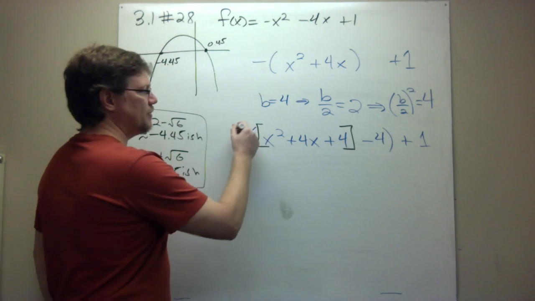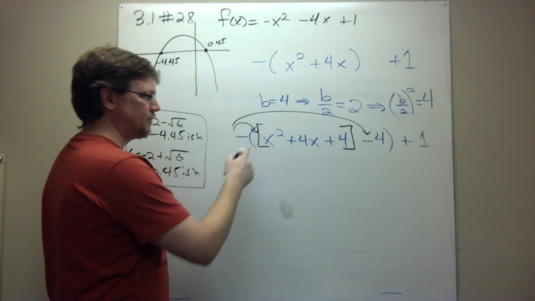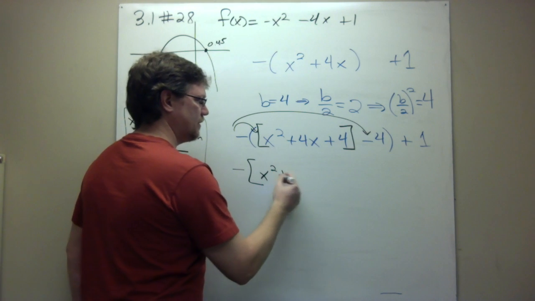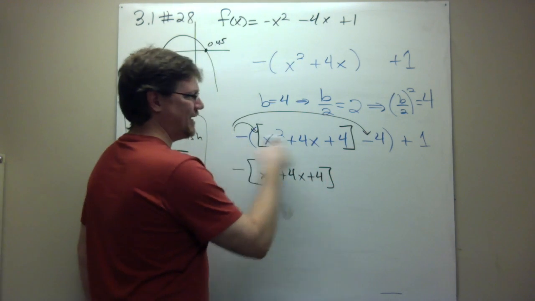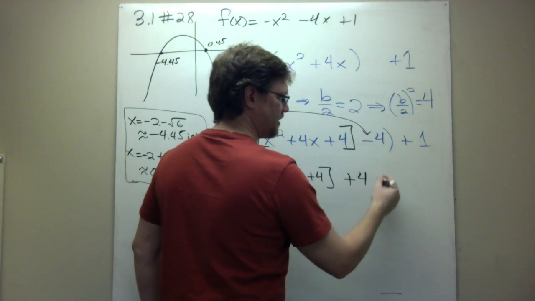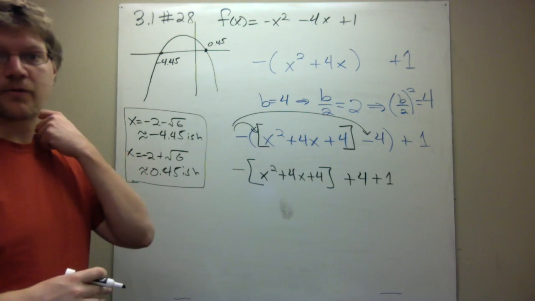When I distribute my minus, I need to distribute it to both of my pieces. So I'm getting a minus x squared plus 4x plus 4, minus a negative 4 is going to be plus 4, and this plus 1 is still hanging around outside. I haven't done anything with that.